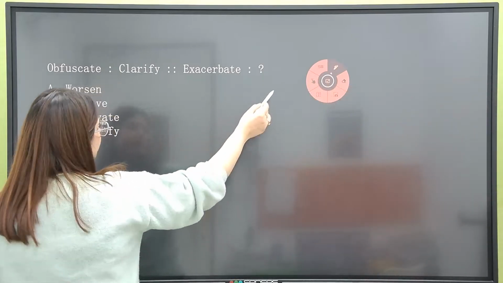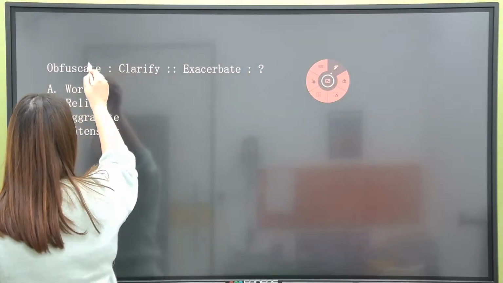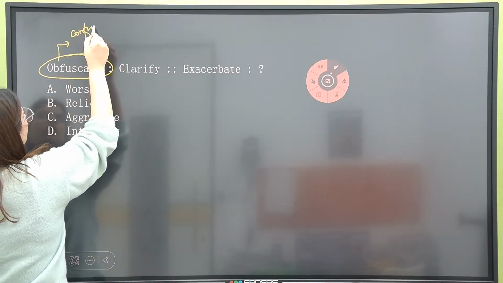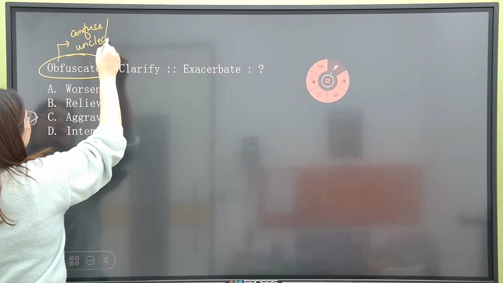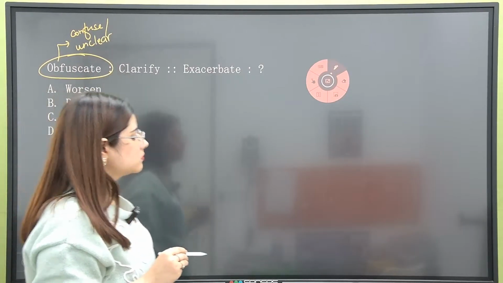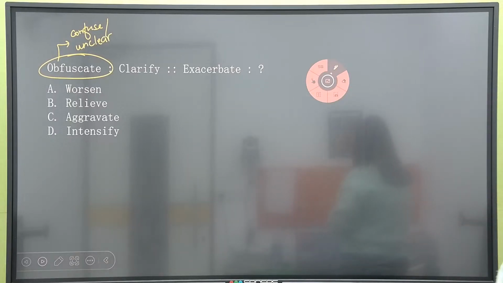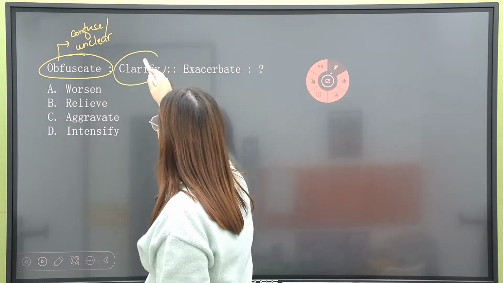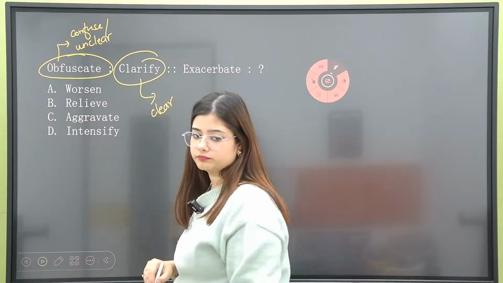So here obfuscate means to confuse or make something unclear. And clarify means to make something clear.